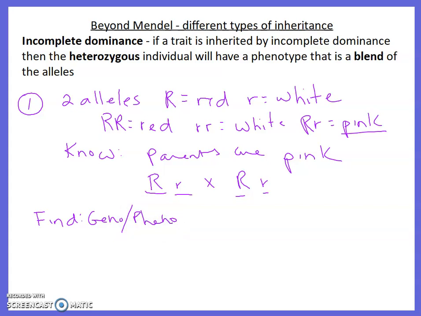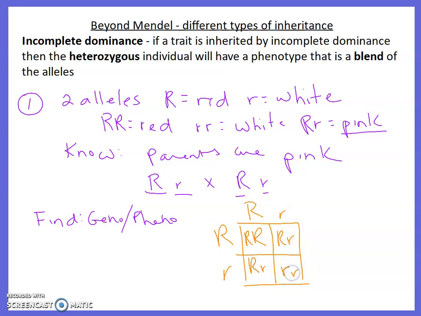Our Punnett square will show us R, lowercase r on the top and R, lowercase r on the side. Whenever we're looking at this, the probability for our genotypes would be the same as it is normally: 1 homozygous dominant, 2 heterozygous, and then 1 homozygous recessive.